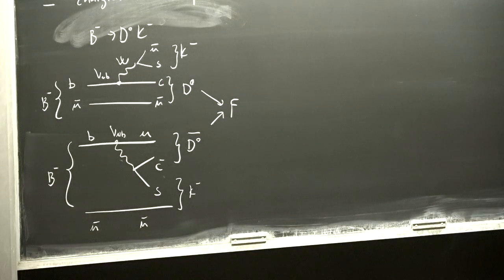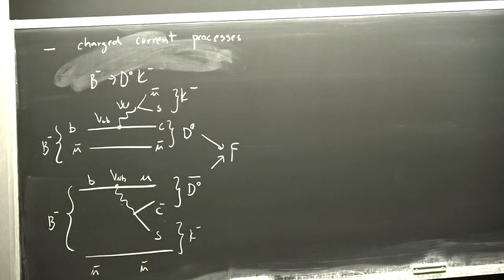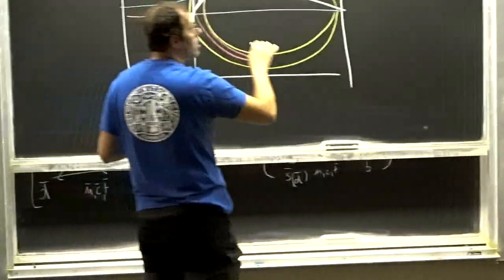But at the end, what happens is the constraint is something like this. Right? So this was the B minus to the K minus. Again, it coincides.